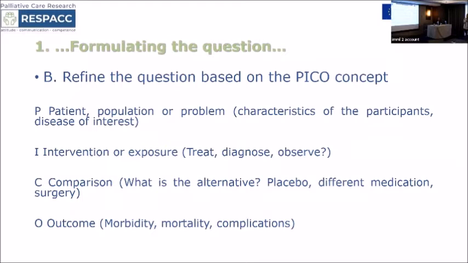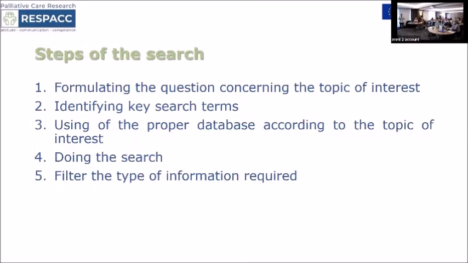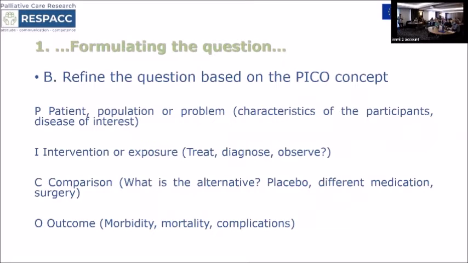So if we go back to this question, what is the effectiveness of strong opioids in cancer pain? Basically I need to see who is my population. It would be cancer patients with severe pain.